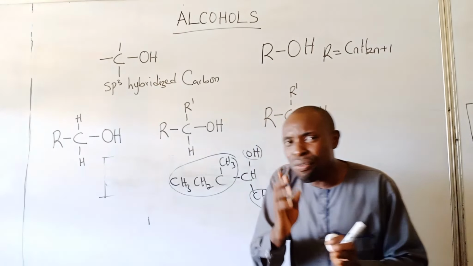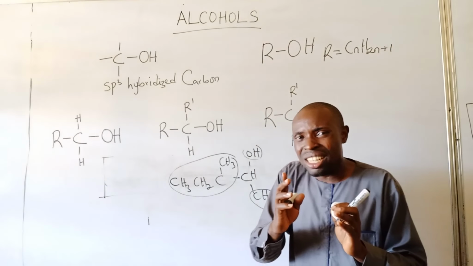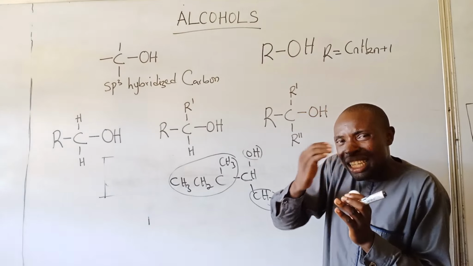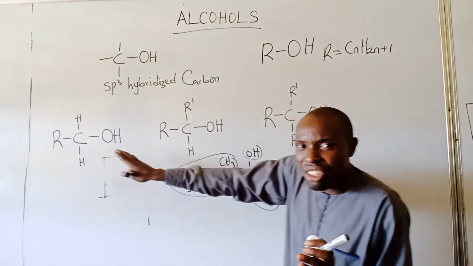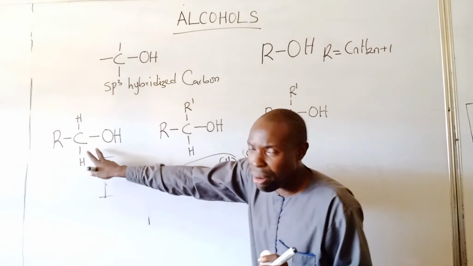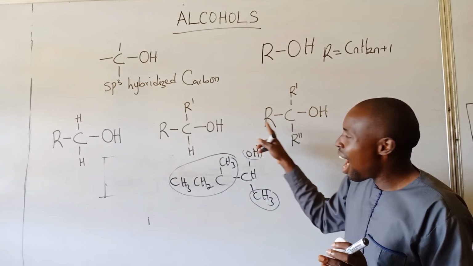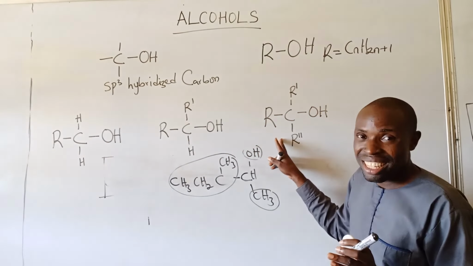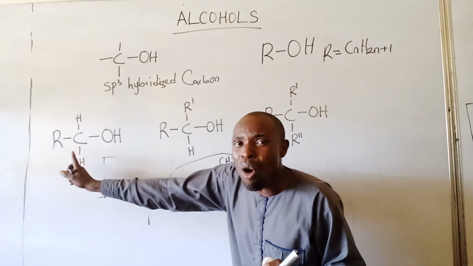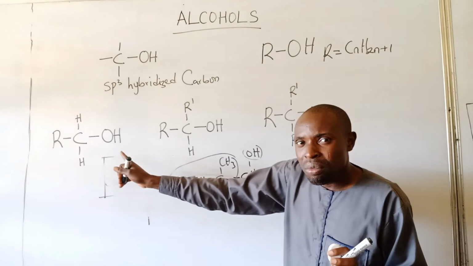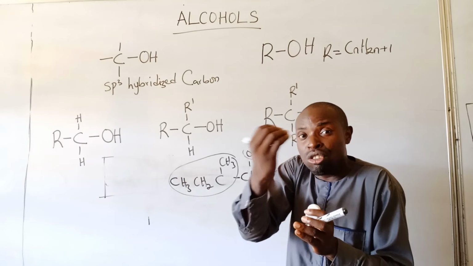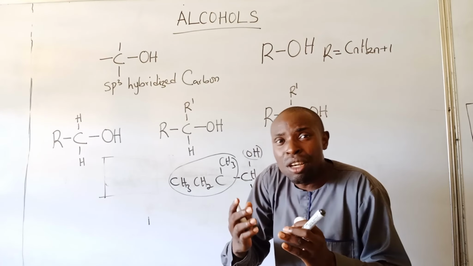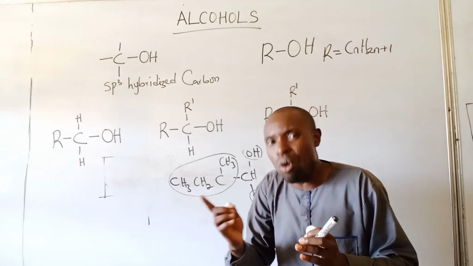Steric factor or steric hindrance has some degree of effect on the monohydric alcohols, talking about the primary, secondary, and tertiary, in the sense that the more the alkyl groups, the more the restriction for hydrogen bonding to occur.